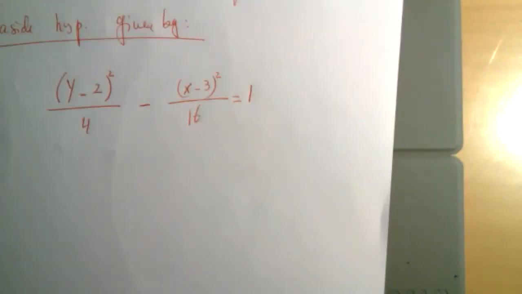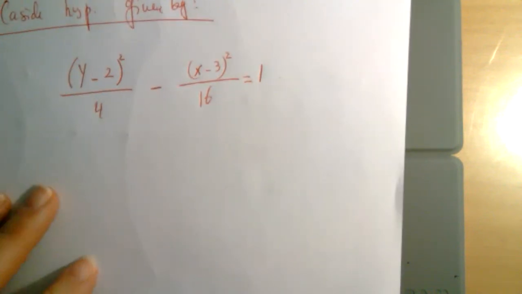And this is my hyperbola, and the question is find the center, find the vertices, find the asymptote, and find the foci. So everything possible above.